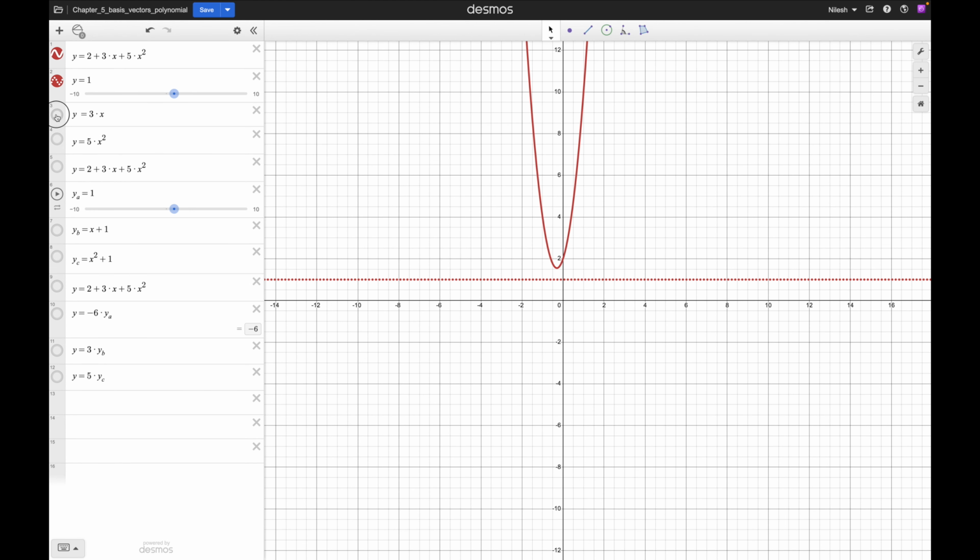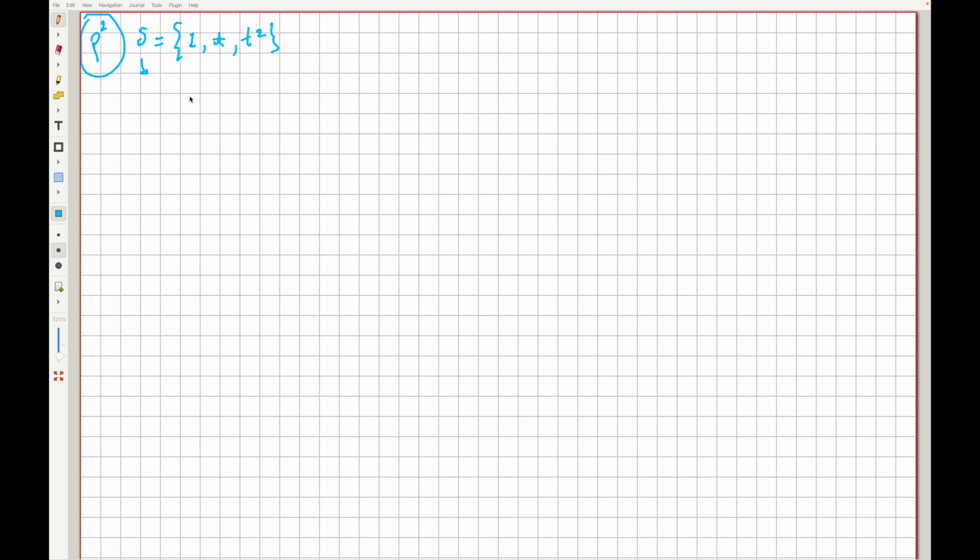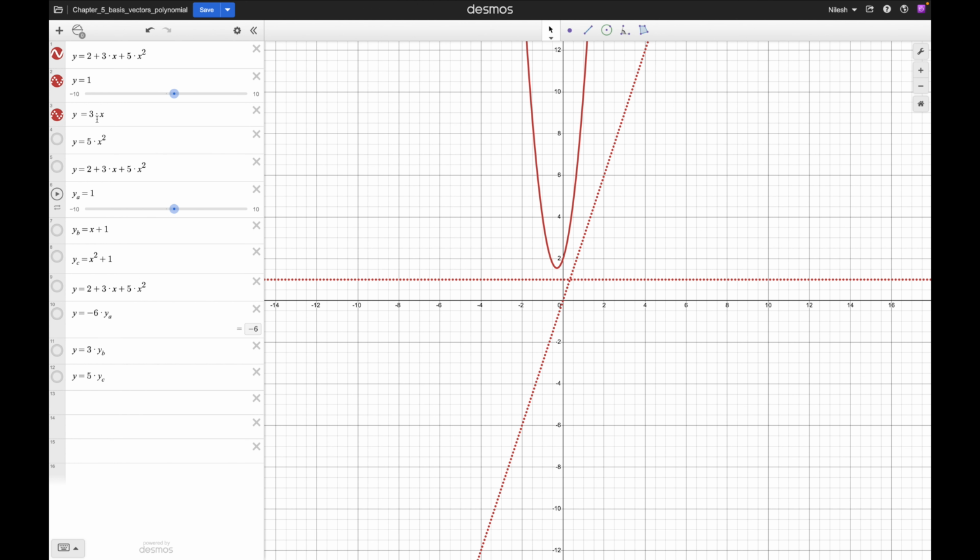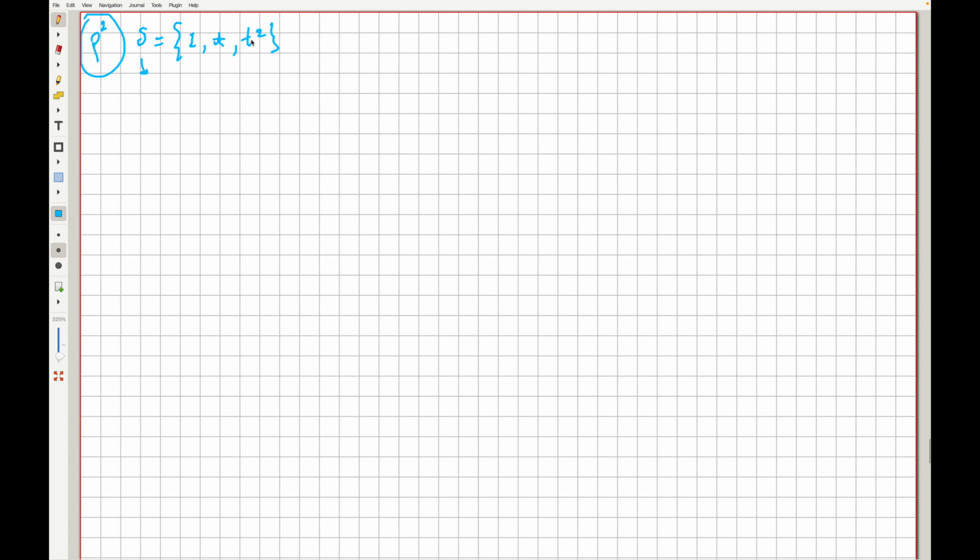The next one is 3 times x, which is that line right there, and here we are denoting that's the t part. Of course, the coefficients that we see, 3, 5, have to be calculated, and we'll see how. The next one is the quadratic part with the square term, and you see that's the curved dotted line, which we are saying is the t squared.